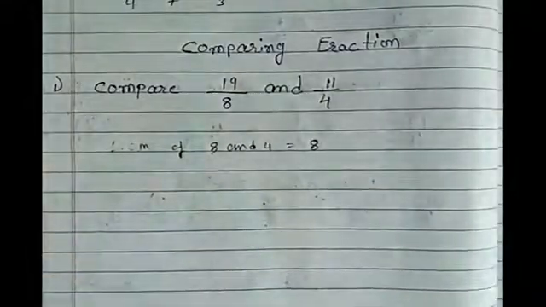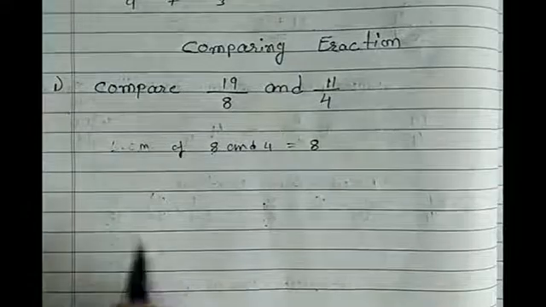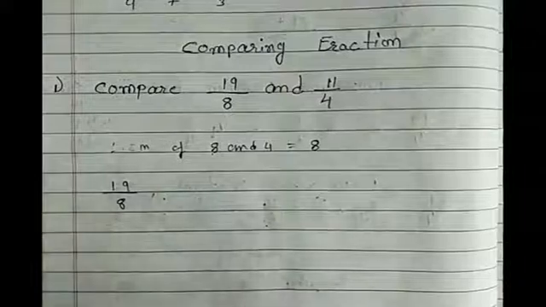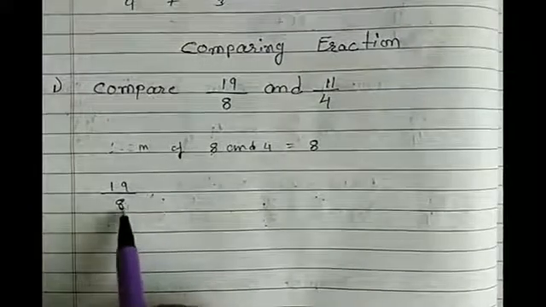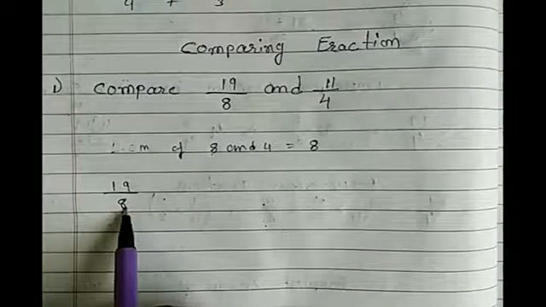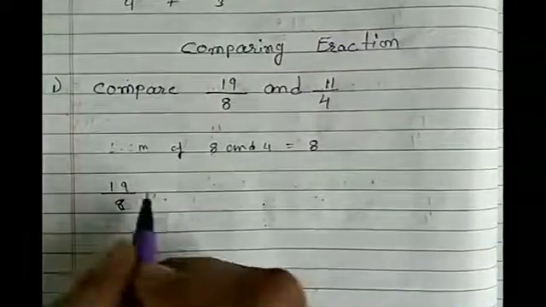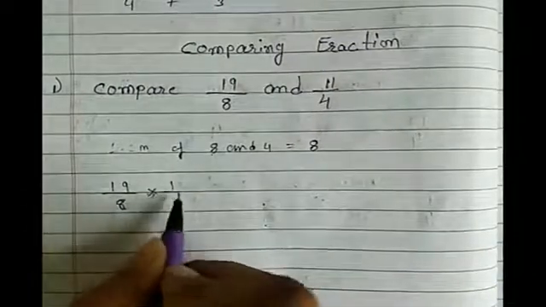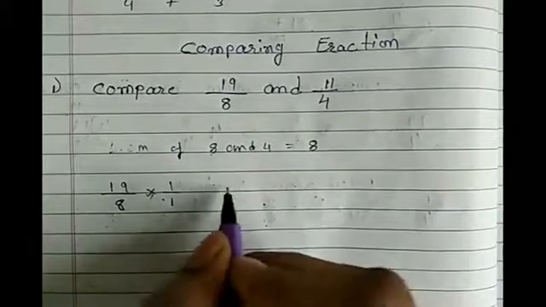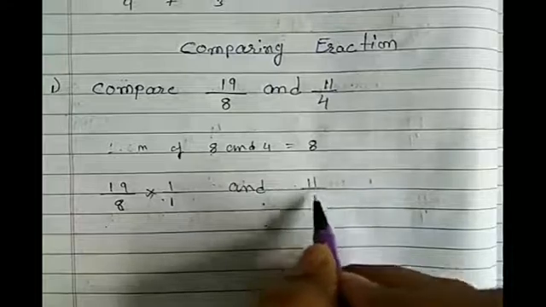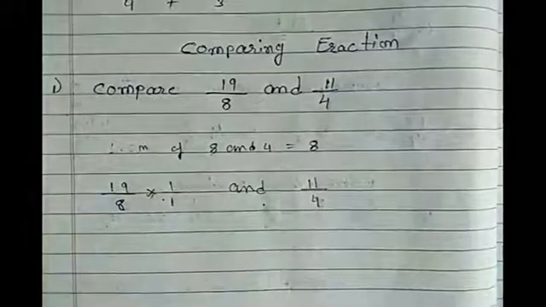Now write the first fraction, 19 upon 8. By which number do we multiply 8 to get 8? The number is 1, because the LCM is 8. So we multiply 19 with 1 and 8 with 1. And the second fraction is 11 upon 4.